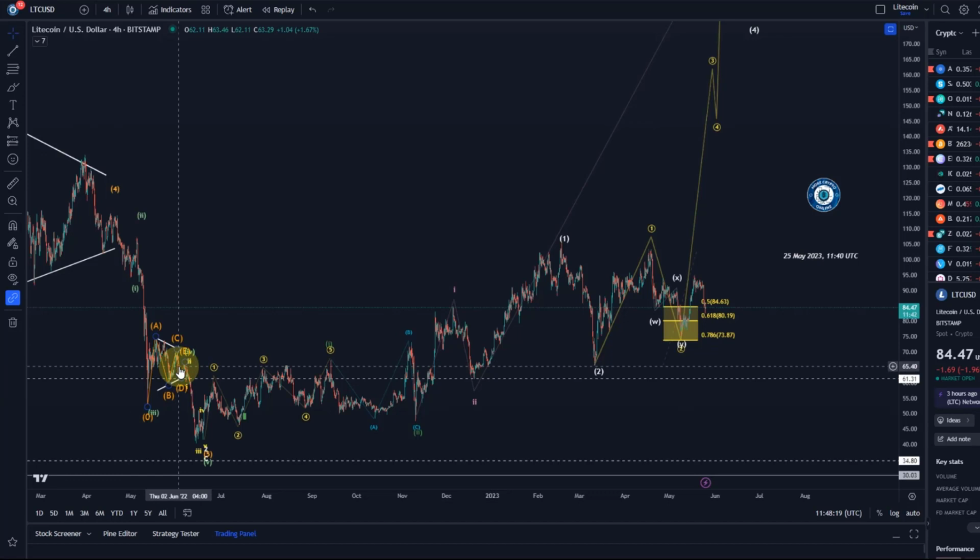So the assumption would still be that we had a 1-2 setup down here. However, the structure would look different, and that's a count I showed you in one of the previous videos.